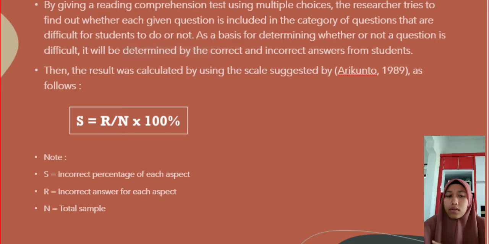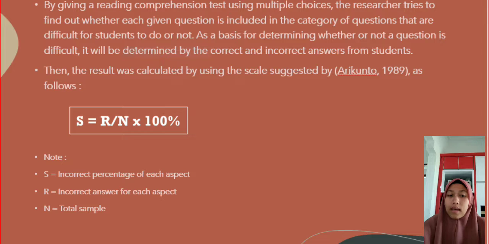Then, the result was calculated by using the scale suggested by Arikunto 1989 as follows: S equals R/N times 100%. Note: S equals the incorrect percentage of each aspect, R equals the incorrect answers for each aspect, and N is the total sample.